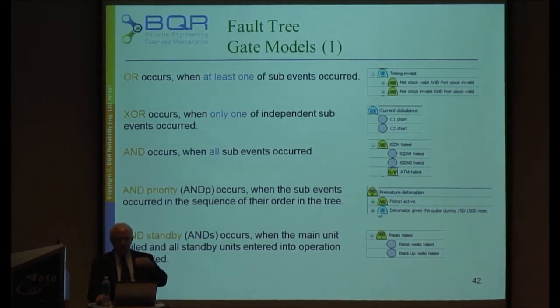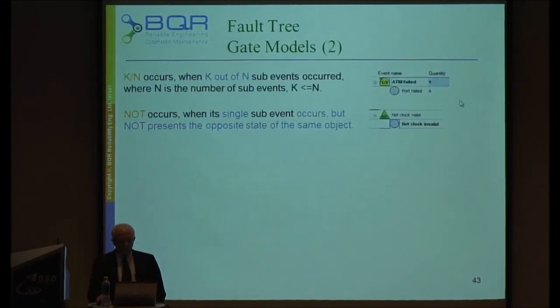So this is the order. If this one is created before this, then it stopped. You cannot go on. And AND standby, so it means that you have something which is a standby. So you see some similarity between the models of fault trees and RBD, but the idea is the fault tree is top-down, and RBD is bottom to top. K out of N, the same, and a NOT gate.